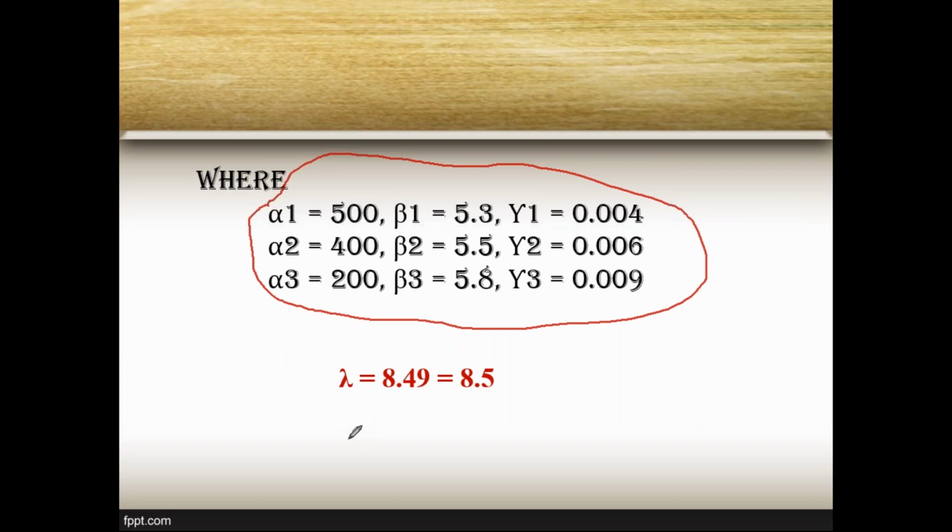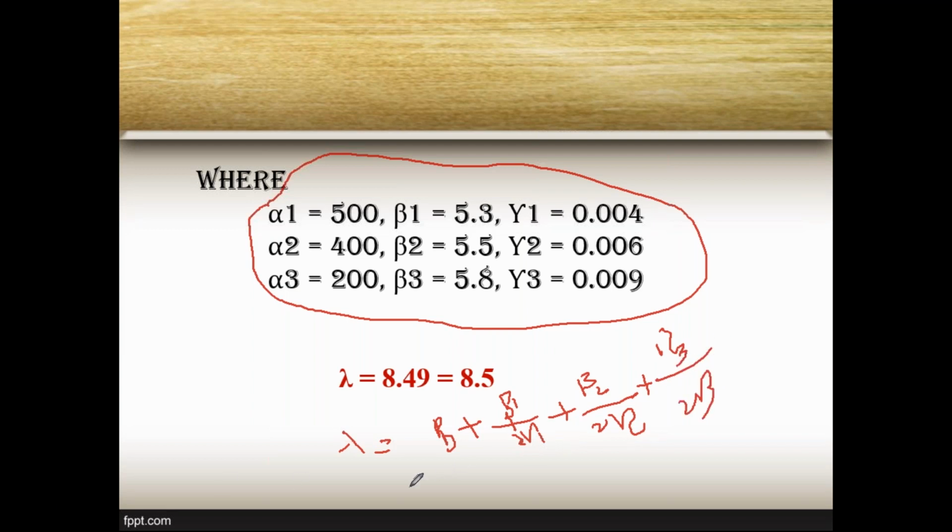To find the lambda value, we use the second formula: lambda equals the summation of beta I by 2 gamma I over the summation of 1 by 2 gamma I. Expanding the summation for three plants, we get 3 terms: beta 1 divided by 2 gamma 1 plus beta 2 divided by 2 gamma 2 plus beta 3 divided by 2 gamma 3, whole divided by 1 by 2 gamma 1 plus 1 by 2 gamma 2 plus 1 by 2 gamma 3.